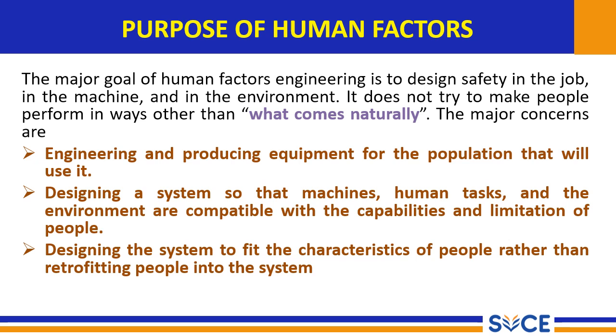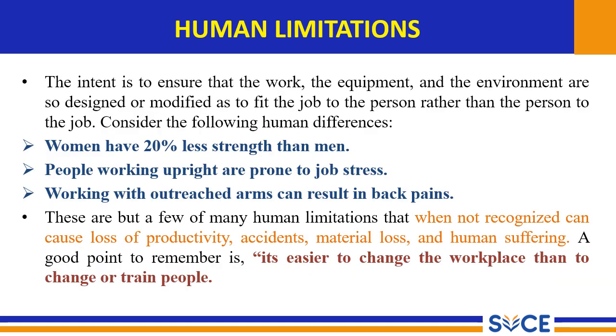The main thing they are trying to say is you have to design a system or the safety provisions which will fit the characteristics of people. So it should be compatible with people's ability to work in an environment. As for human limitations, when comparing men and women, women have about 20% less strength than men, and people working upright are prone to job stress.